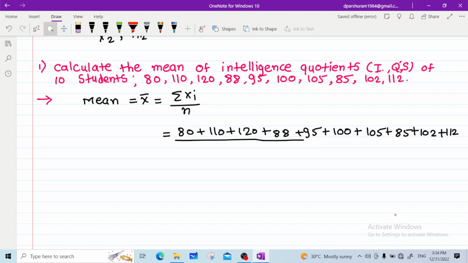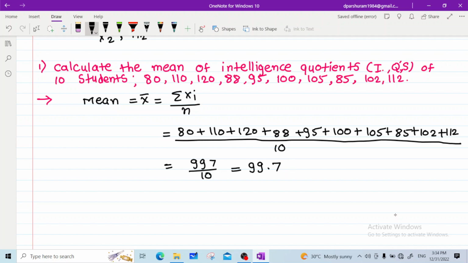There are 10 observations given, so the value of n is 10. Calculating this sum, we get 997 divided by 10. When we divide 997 by 10, we get the answer 99.7.